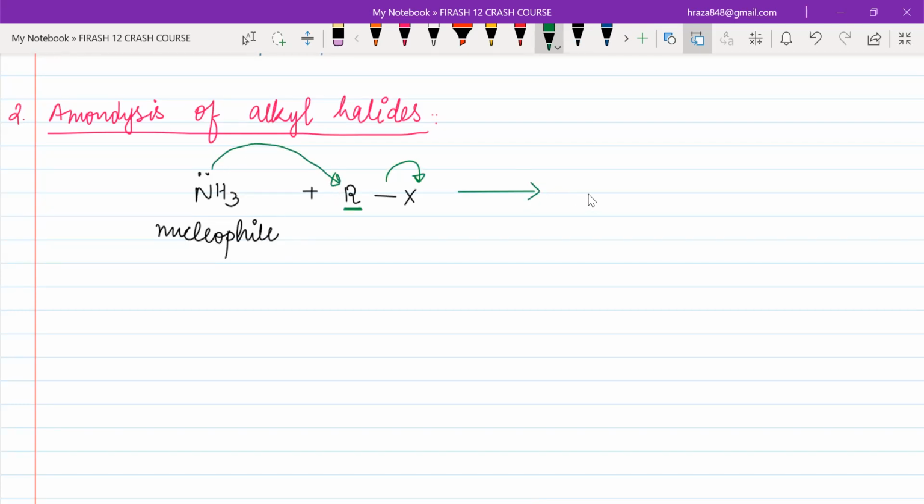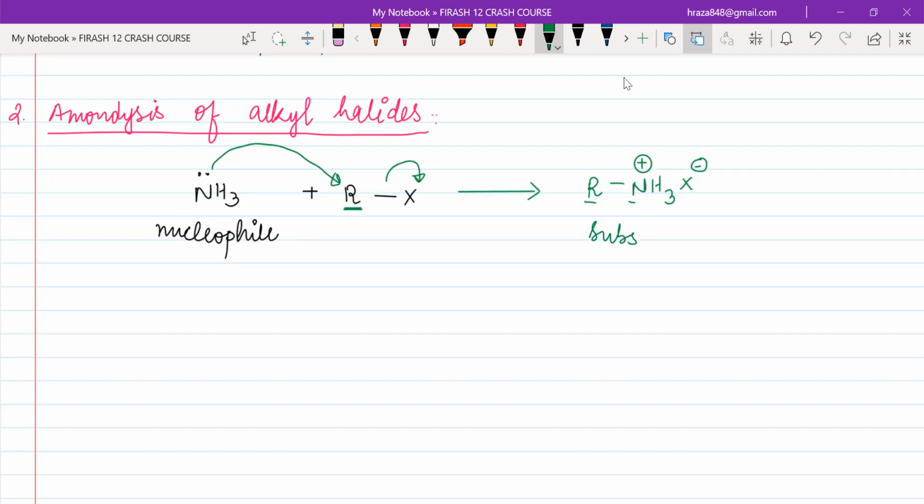So what it will become, as you can see, this is your R, and it becomes NH3 positive. Yes or no? Since nitrogen donated its electron, it will have a positive charge, and X has a negative charge, so there will be X negative. The bond between NH3 positive and X minus is purely ionic because of the electrostatic force between the positive and negative charge, and the bond between R and NH3 is a coordinate bond, which is a covalent bond.